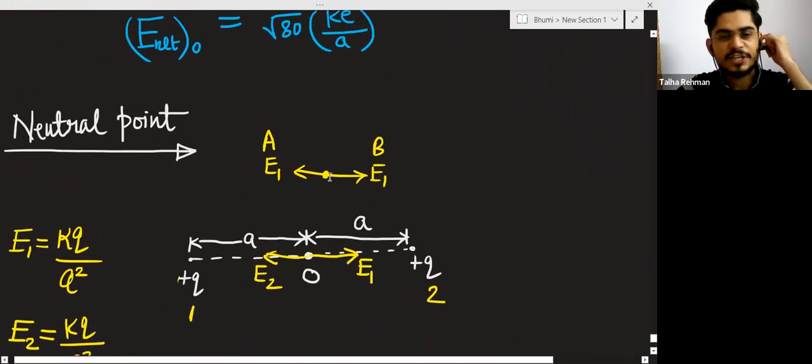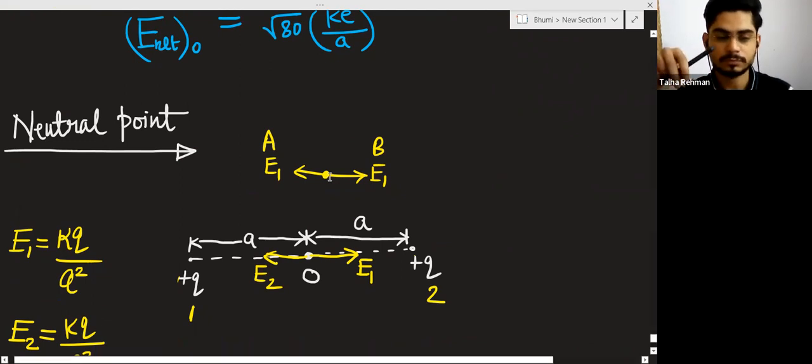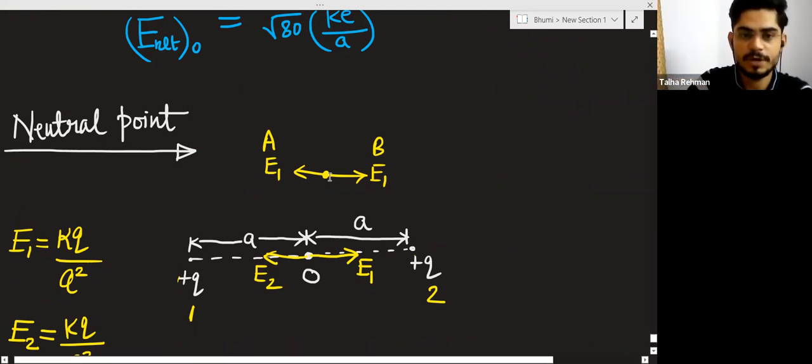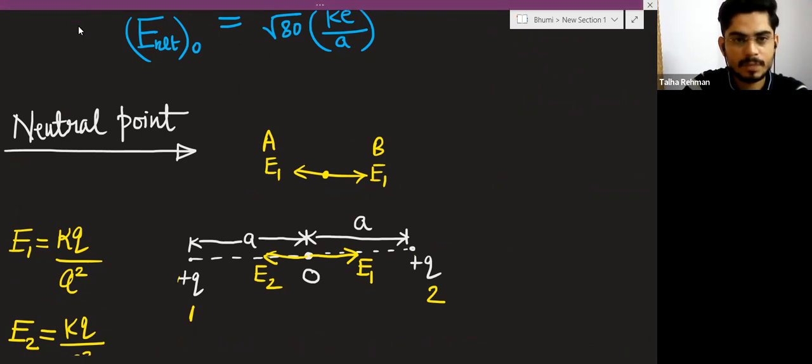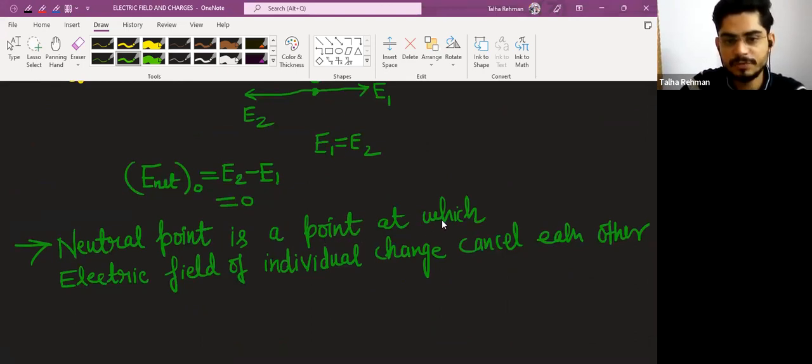So we are studying the neutral points. A neutral point is a point at which the electric field due to individual charges is zero. A neutral point is a point at which the electric fields of individual charges cancel each other.